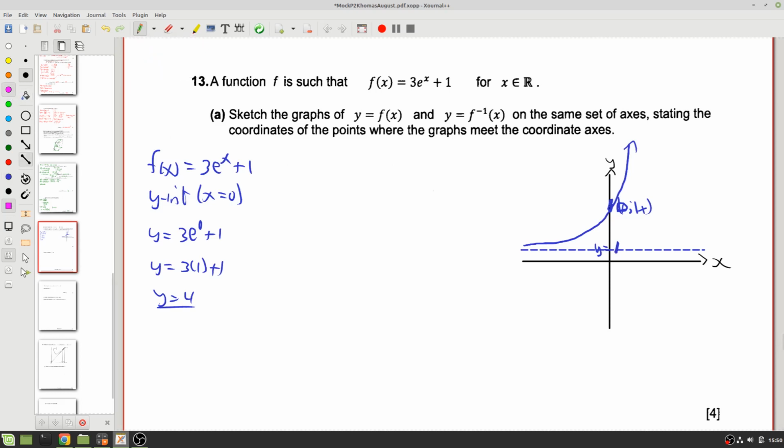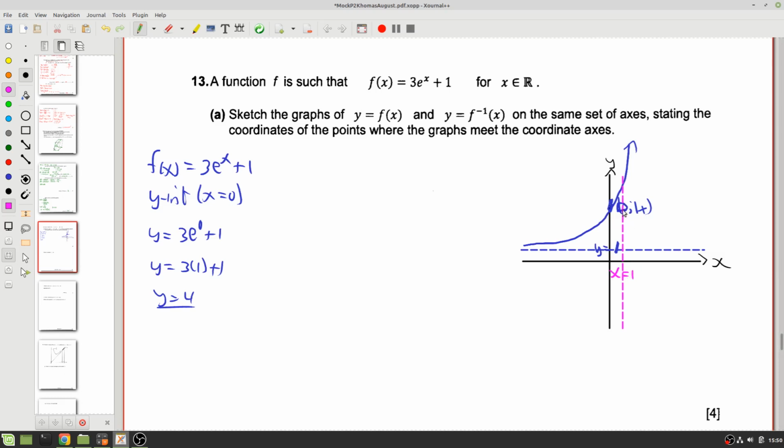Right, so for the inverse, everything just swaps around. So let's do the inverse in a different color. So instead of y equals 1, the asymptote will now be at x equals 1. I wanted to draw that a little bit smaller. x equals 1. Alright, let's just change all this back to what it should be. So here at x equals 1, there we have our asymptote for this one.